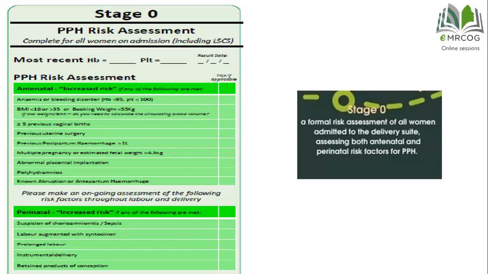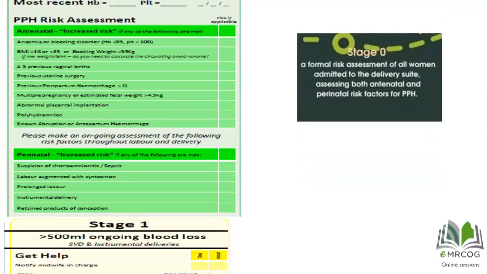Stage 0 talks about formal risk assessment for all women admitted to the delivery suite, and you are going to assess both antenatal and perinatal risk factors for postpartum hemorrhage, whether this woman had an active management for third stage or not.